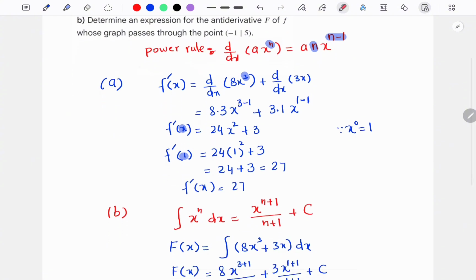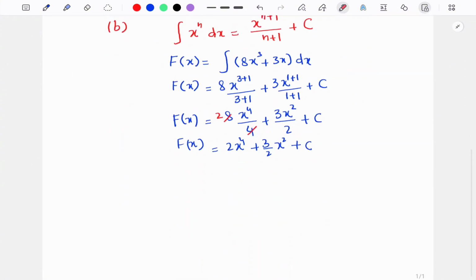Now here you can see the point which is given is -1 and 5.